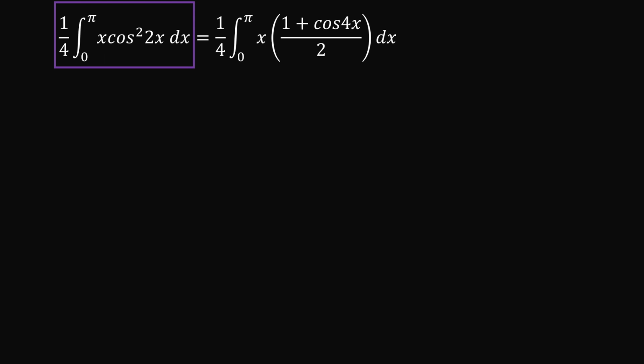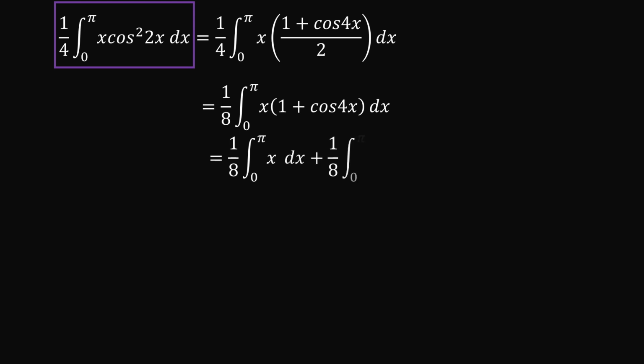And so we can pull 1 over 2 out so that we have 1 over 8 integral of x times 1 plus cosine 4x.